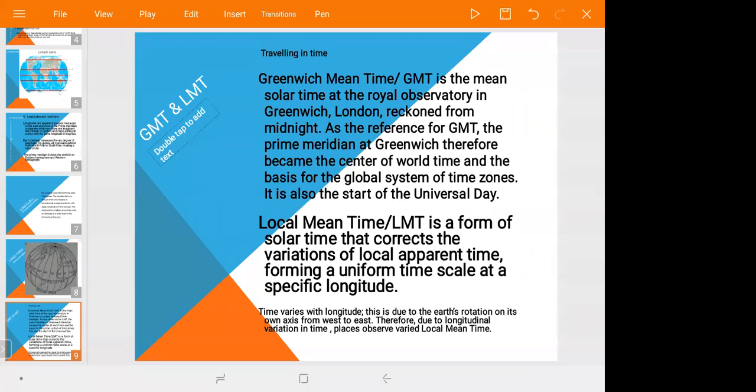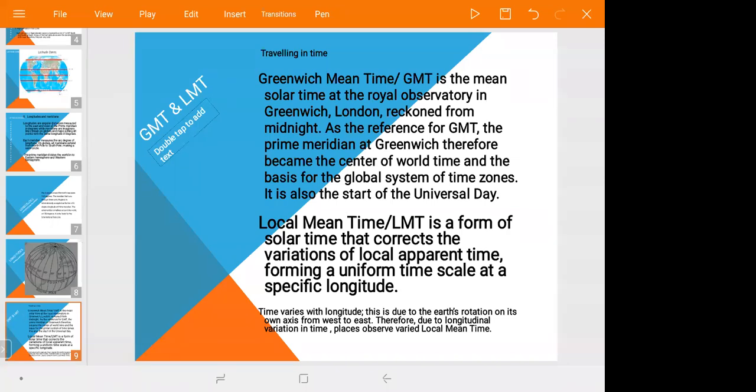That means if it is daytime for the eastern hemisphere, for places which are located east of the Greenwich meridian, then it's going to be dark for the places in the western hemisphere.